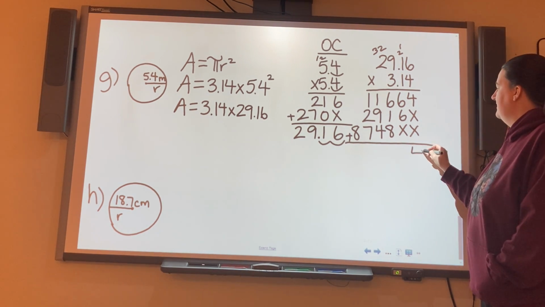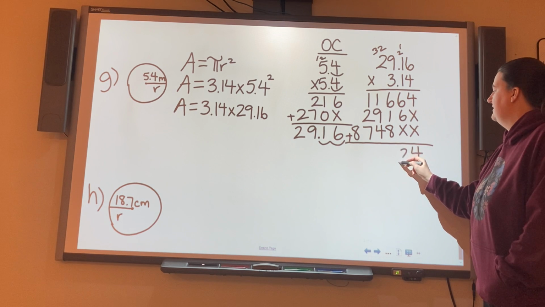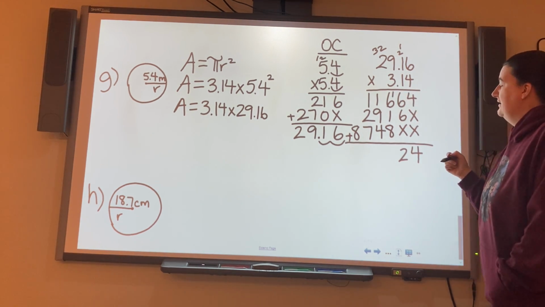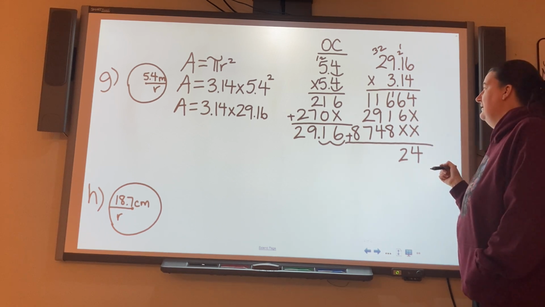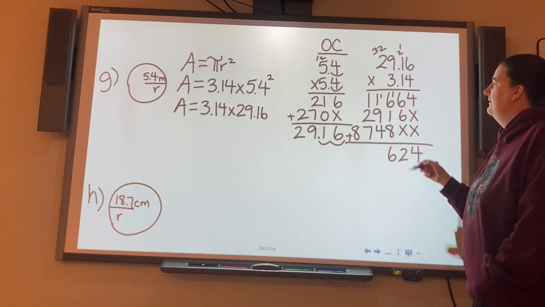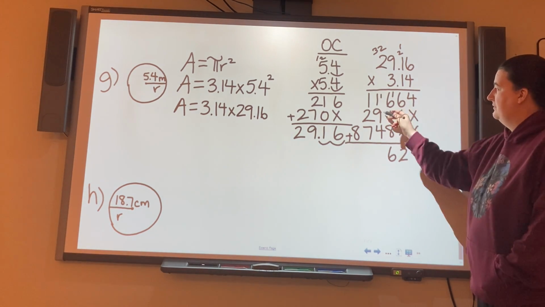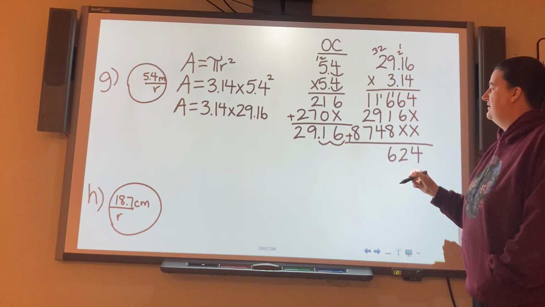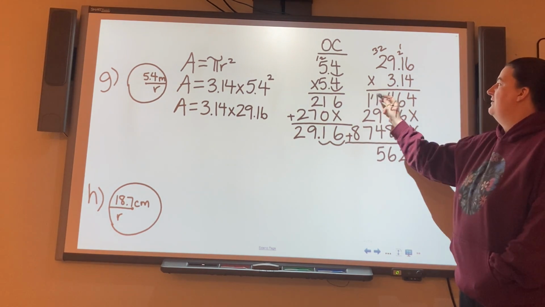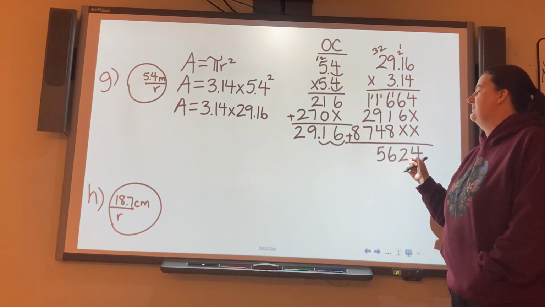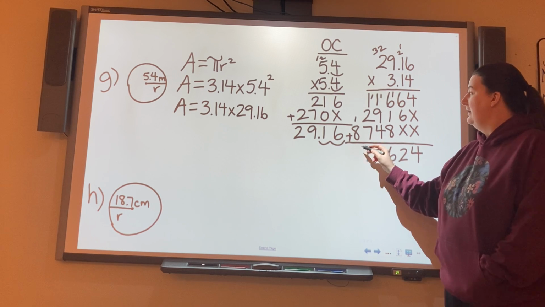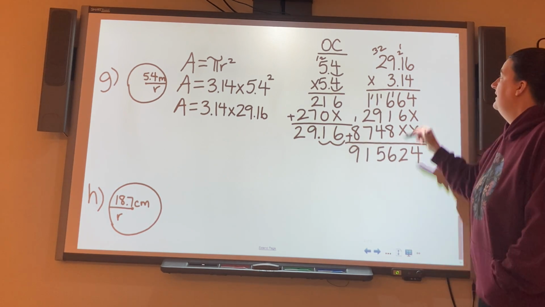So 4 plus nothing is 4, 6 plus 6 is 12, carry your 1. 6 plus 1 is 7, plus 1 again is 8, plus 8 is 16, carry your 1. 1 plus 1 is 2, plus 9 is 11, plus 4 is 15, carry your 1. 1 plus 1 is 2, plus 2 is 4, plus 7 is 11, carry your 1. 8 plus 1 is 9.